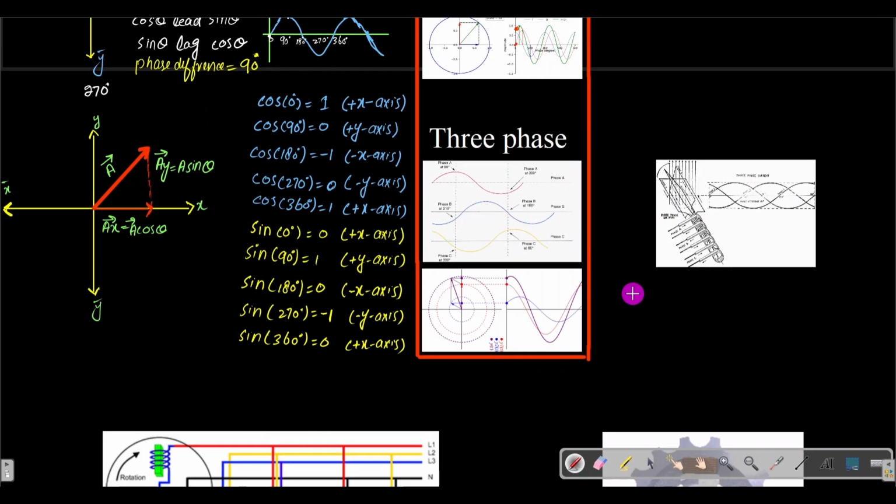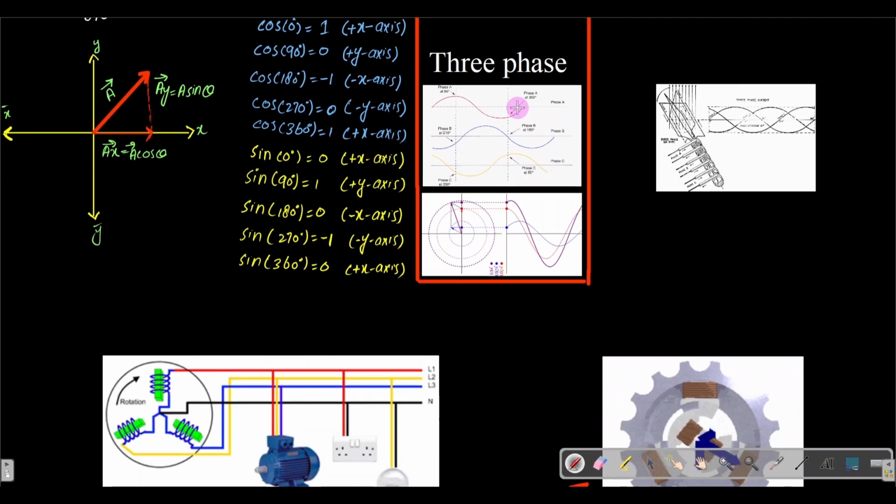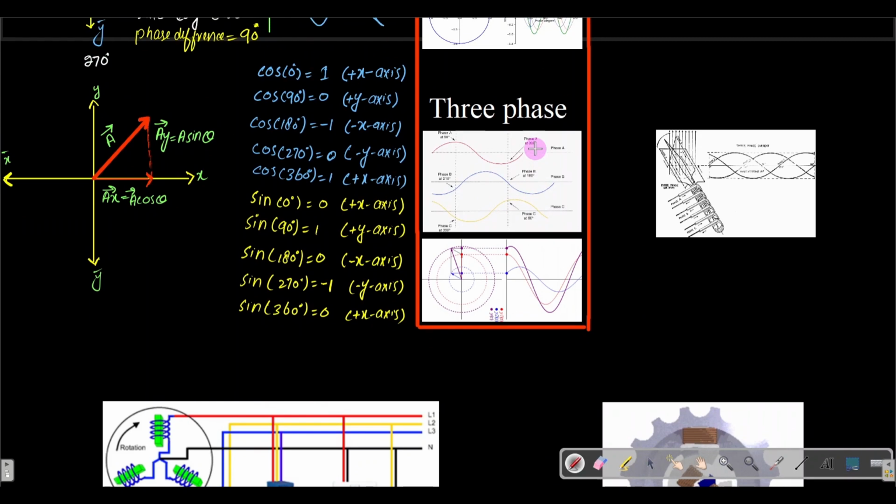So now you may have heard about the phases. If we have three phases, meaning we have three coils present at 180 degrees with each other, and this is the north pole and this is the south pole, and the magnetic field lines are passing through here.